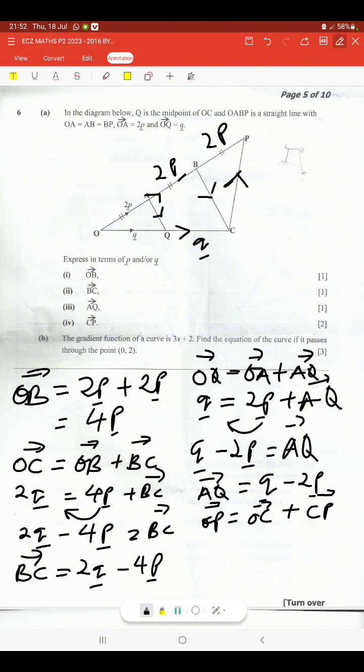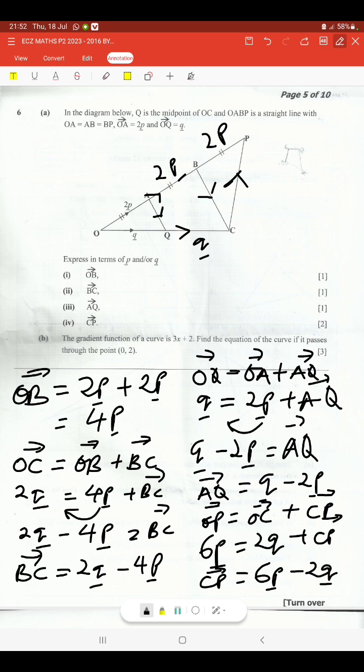We've got OP as 2P plus 2P plus 2P, which is 6P, equal to OC, which is Q plus Q, 2Q, plus CP. Therefore, CP equals 6P minus 2Q.